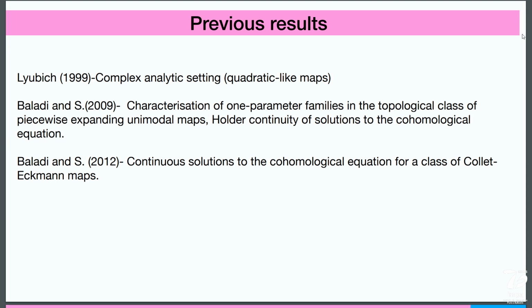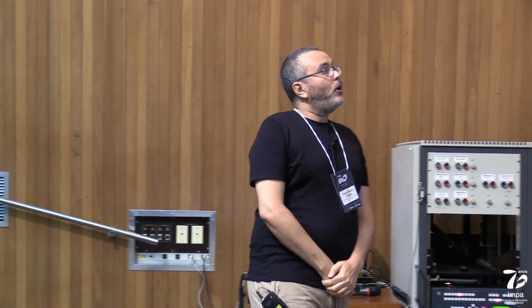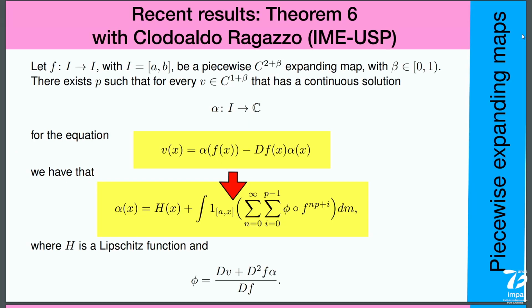You have unimodal maps with two expanding branches, and you want to understand the topological class of these maps. And we have, well, it's not so recent anymore, results about continuous solutions of the homological equation in the case of Cohler-Ekman maps. So these are maps with critical points. Okay, some recent results.